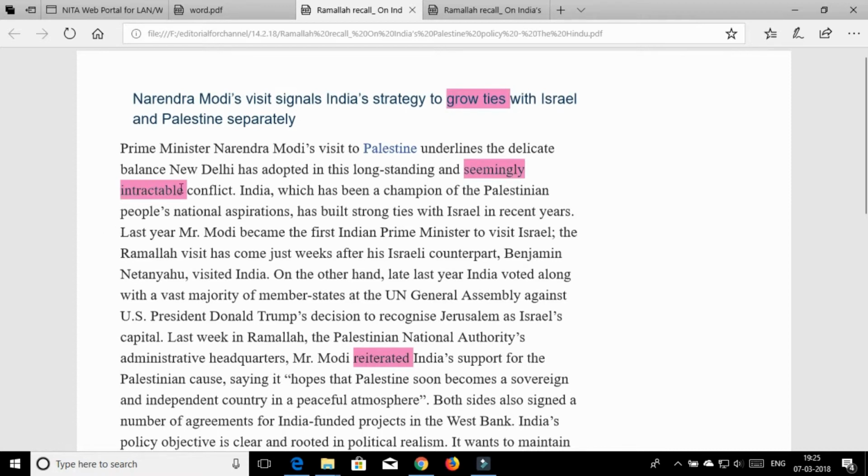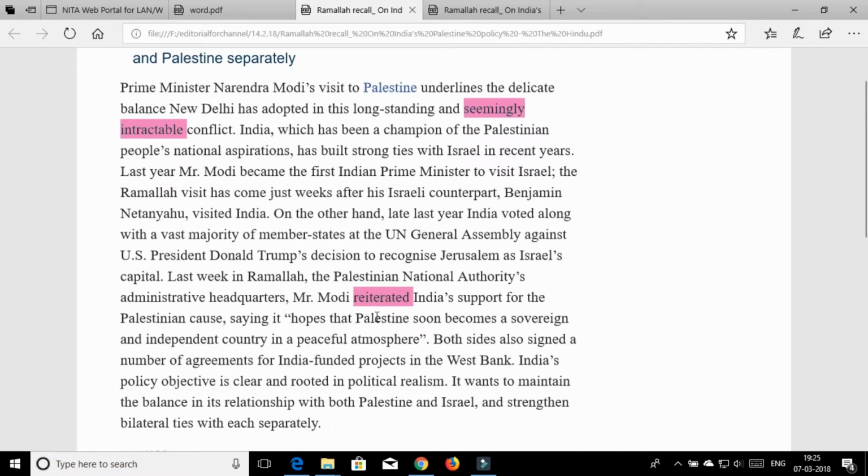Next word is reiterate. So I told you, if you do something again or you say something again in order to emphasize it. So let us read the sentence. On the other hand, last year India voted along with the vast majority of member states at the UN General Assembly against US President Donald Trump's decision to recognize Jerusalem as Israel's capital.